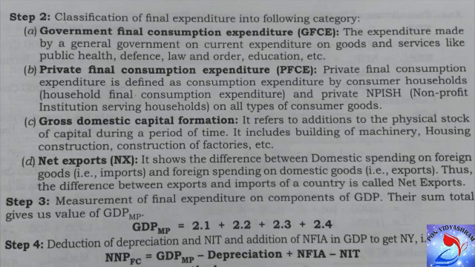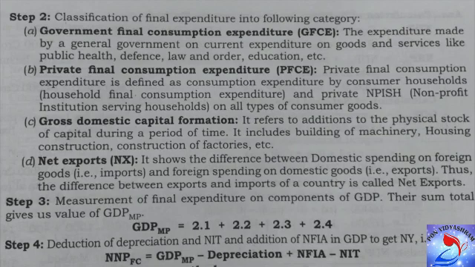Next, step 3, that is measurement of final expenditure on components of GDP, and their sum total gives us the value of GDP. For this we have to add government final consumption expenditure plus private final consumption expenditure plus gross domestic capital formation and net export.